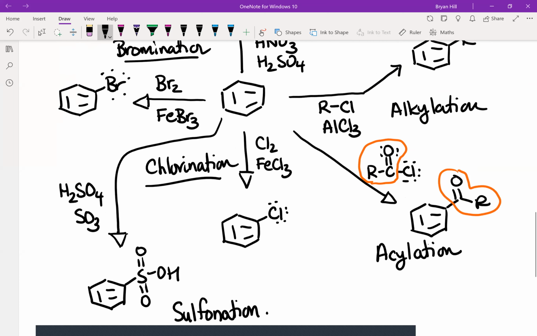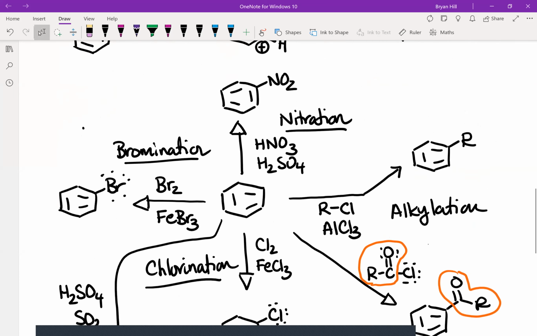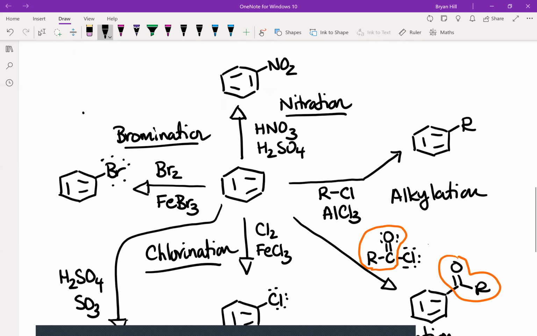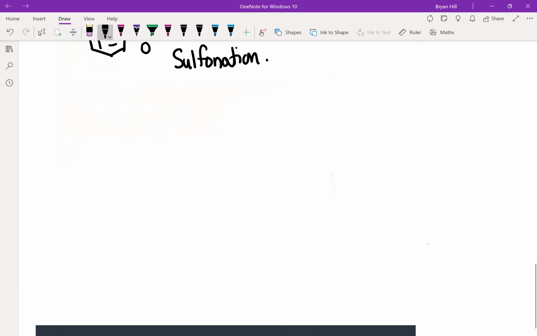Now let's talk about making the various reactive electrophiles in each case. So probably the place we'll start off, the nitration, we'll do that one first. The chlorination and the bromination are very similar, so we'll do those basically together. And then we'll talk about the alkylation and the acylation reaction next. So the nitration.